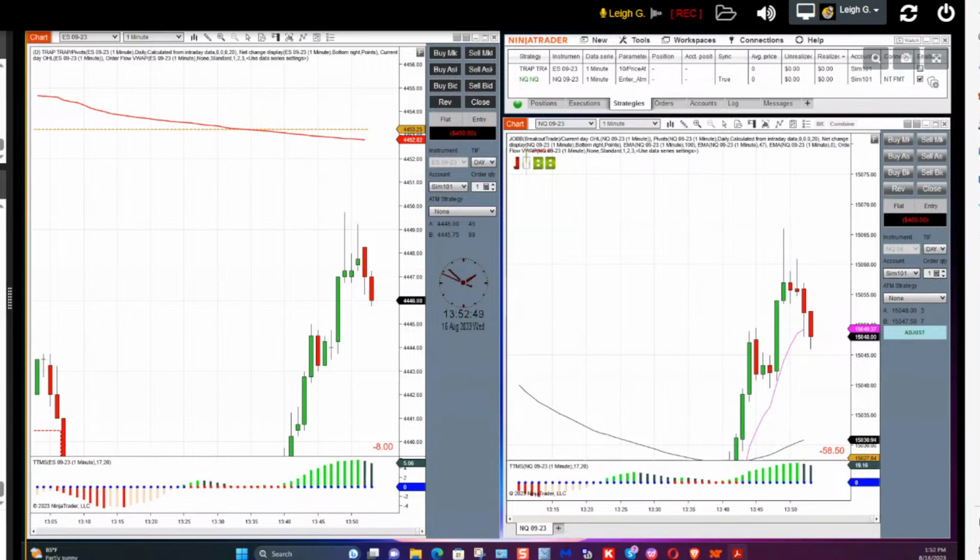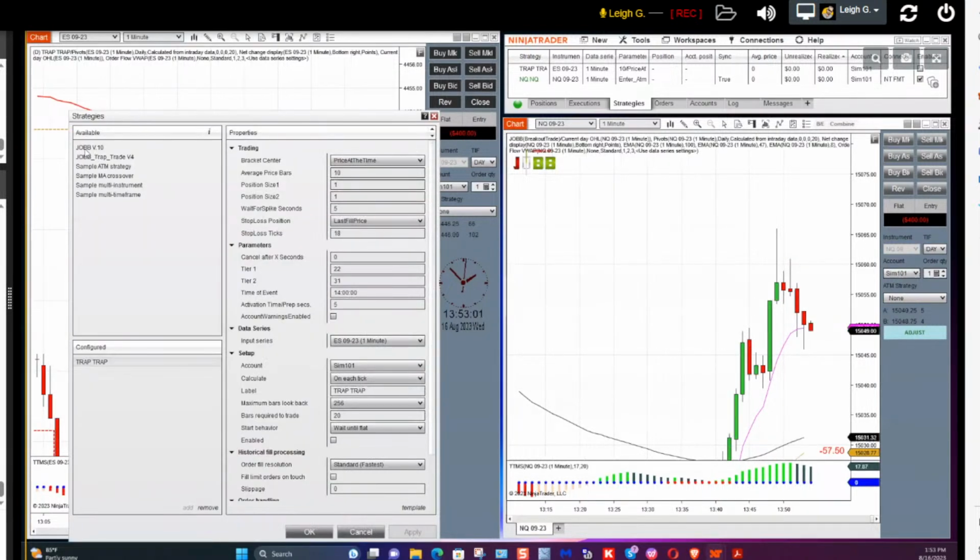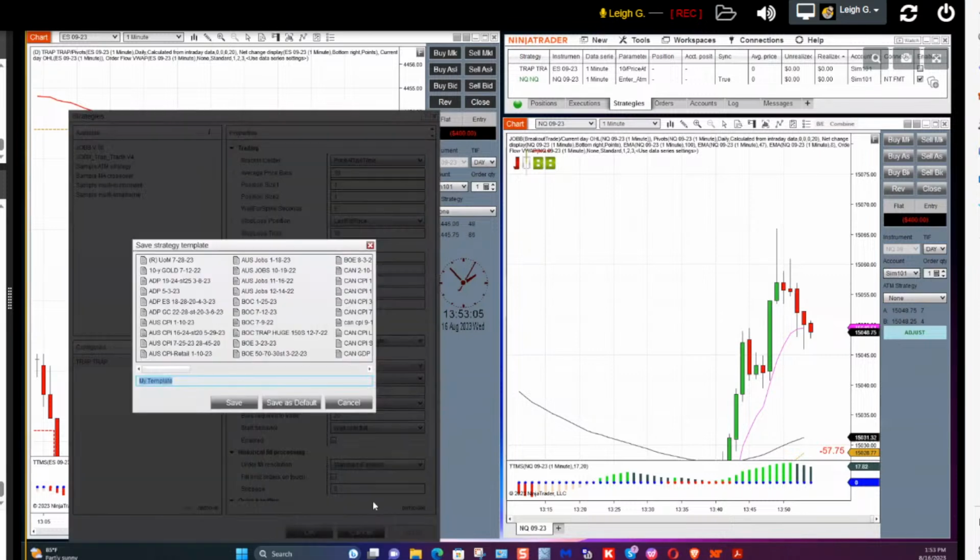Now, I'm going to quickly save my templates because I want to do something. So I'm just going to save FOMC minutes and today's date.